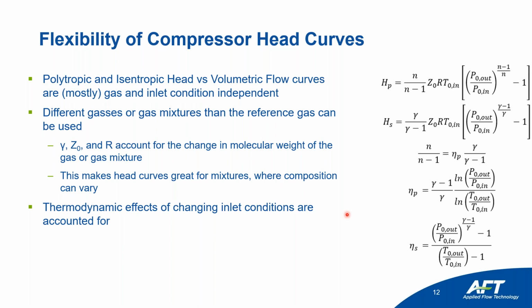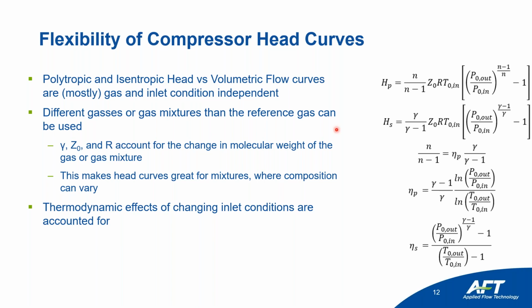So as I just mentioned, the polytropic and the isentropic head versus inlet volumetric flow curves are mostly gas and inlet condition independent. The limitations on that are coming up, but that's what's nice about them. So if your compressor needs to deal with different gases or gas mixtures where the composition can vary, then these are the ideal curves for that.